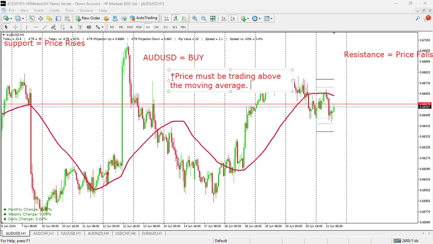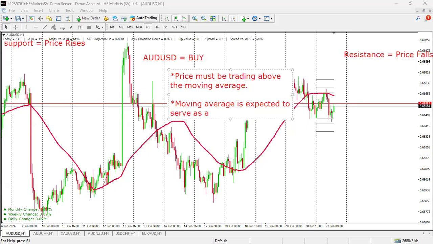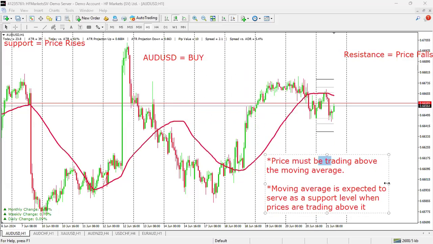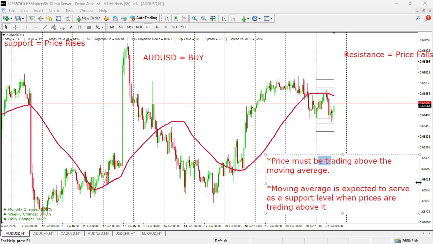Listen, the moving average is expected to serve as a support level when prices are trading above it. What this means is, if prices are trading above the moving average, you can expect that the moving average itself will be serving as a support level for price, which means in the first place, I want to buy.